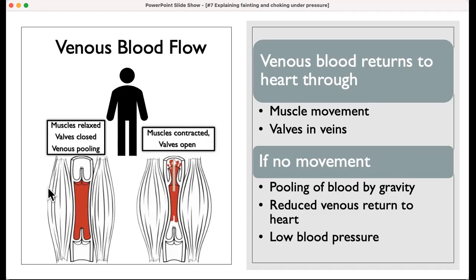So the lower extremities depend upon your muscle activity, and also on these valves to keep forward flow. When your muscles are relaxed, those valves are closed, and you have venous pooling. And when you contract your muscles, you push the blood forward.